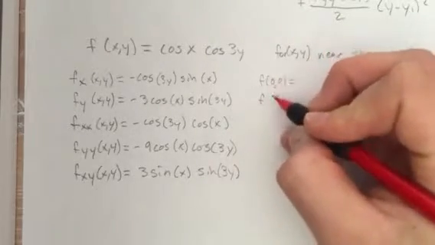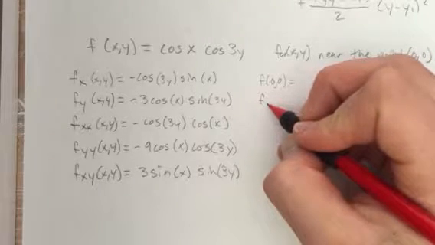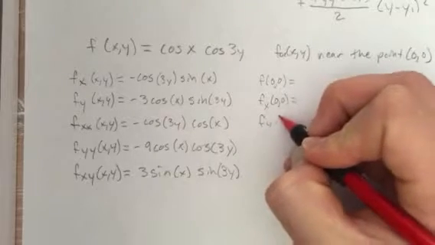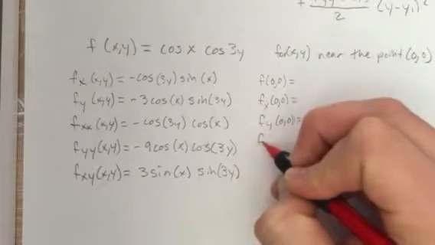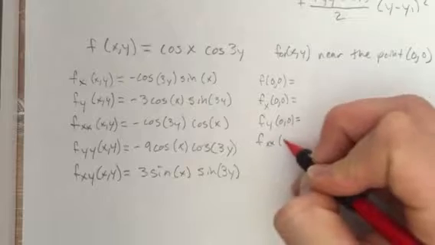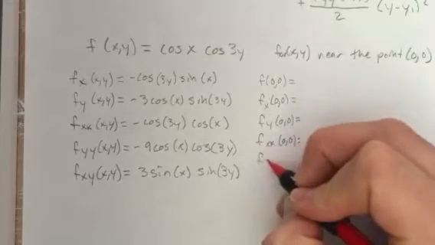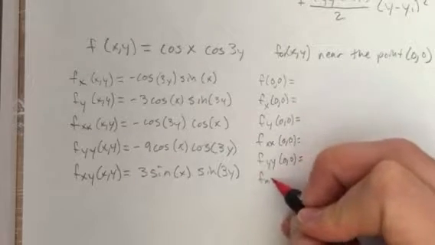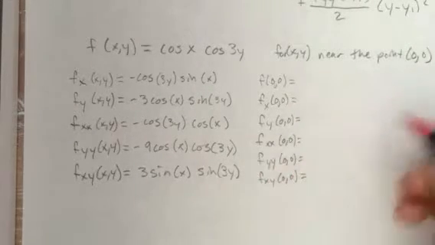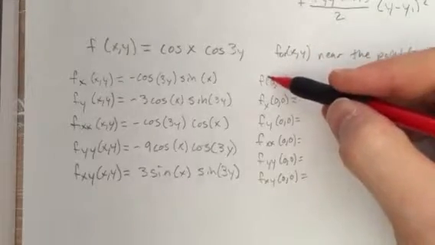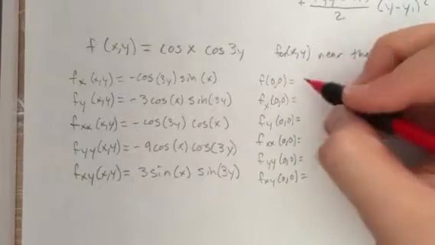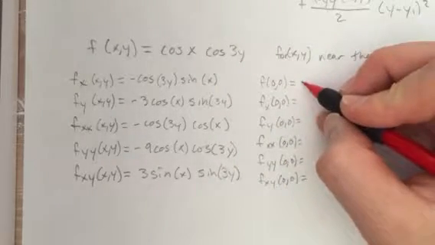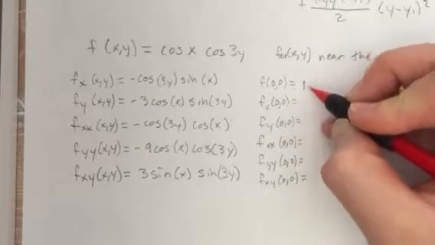So I start off with just the function at (0, 0), and then I will list all the partial derivatives that I just found, except this time using the point (0, 0) to figure out what they equal at that point. The value for the function, if you plug in 0 for both cosine x and cosine 3y, you will get 1.